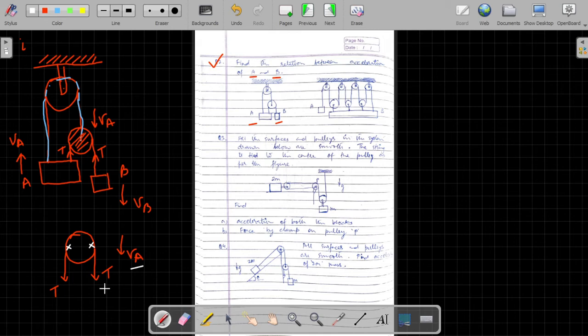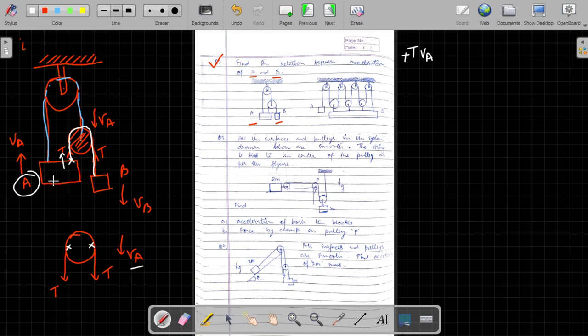When we want to calculate the instantaneous power delivered by the string, we will be considering the string which is connected to both the blocks. So let us start: tension at this point times the velocity of this point. This point is going up with the velocity VA, so we write T into VA, and that would come with a positive sign since the tension and velocity have the same direction.